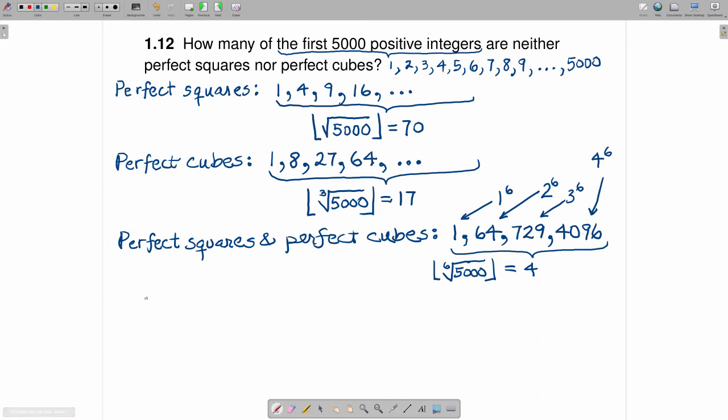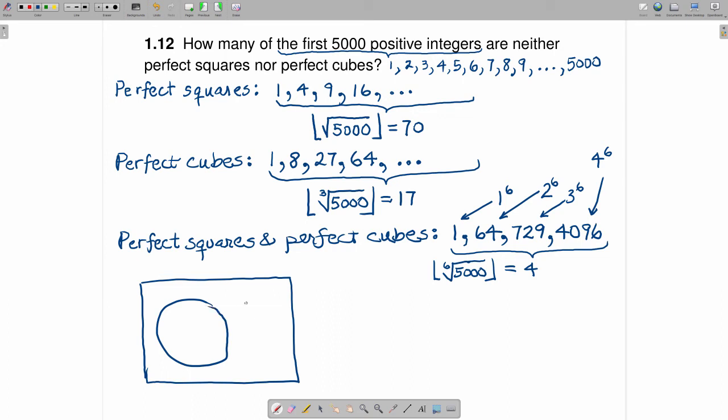So once again, we're going to go to a Venn diagram here. We are going to have 2 sets. These 2 sets will be S, where S is all of the perfect squares, and another set C, which will be the perfect cubes.